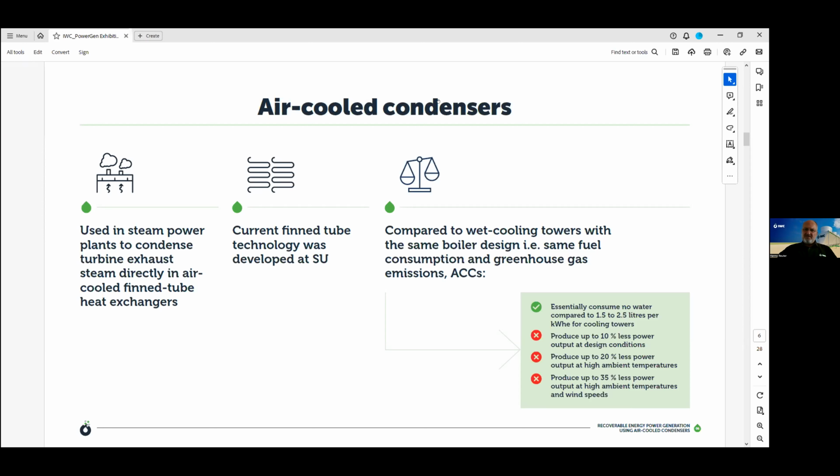Then maybe just what I told you earlier: compared to plants that have wet cooling towers, or wet cooled plants, with the same boiler design, i.e. same fuel consumption and greenhouse gas emissions, the ACC has advantages, but it also has disadvantages to wet cooling.